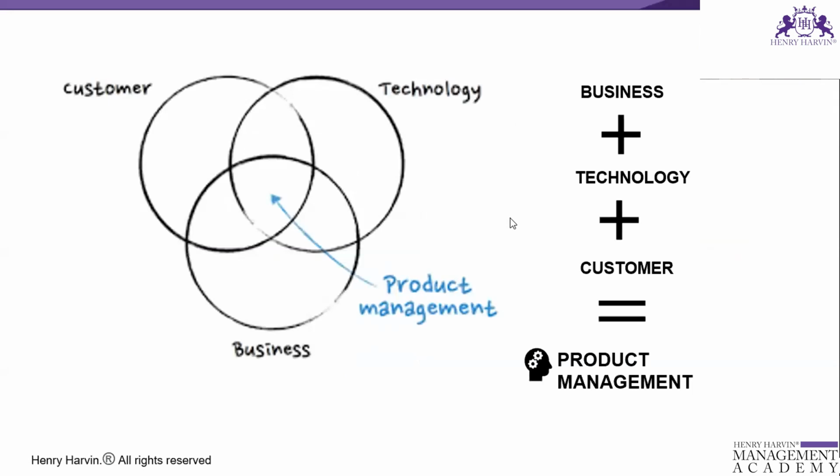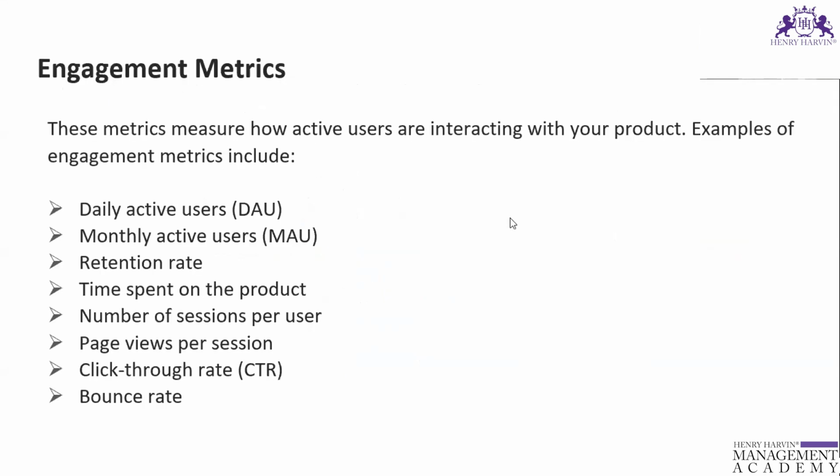Basically, we can divide the metrics into different categories. One is engagement metrics. What do we mean by engagement metrics? Companies like BookMyShow and Netflix constantly send notifications to customers.